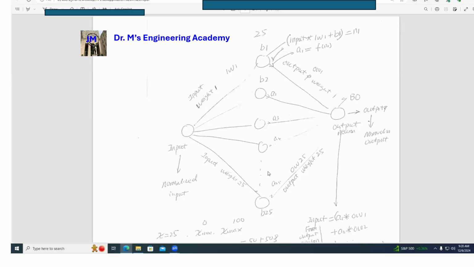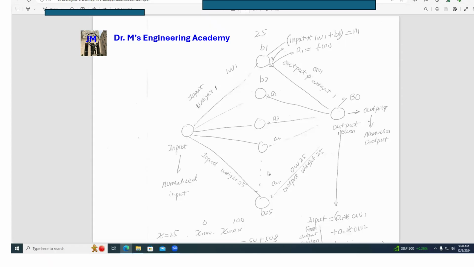So this is A25 plus B. This value we just denote as an output, the total output.